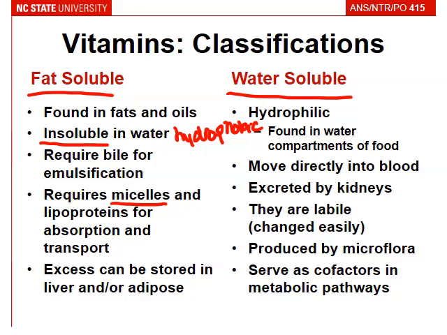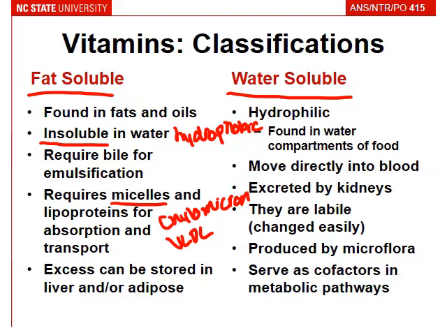In addition, we need lipoproteins for absorption and transport, so they go in with our chylomicron, or portomicron if you're an avian species. They're also going to be transferred in our VLDL, also from the liver. Any excess can typically be stored in the liver and adipose.